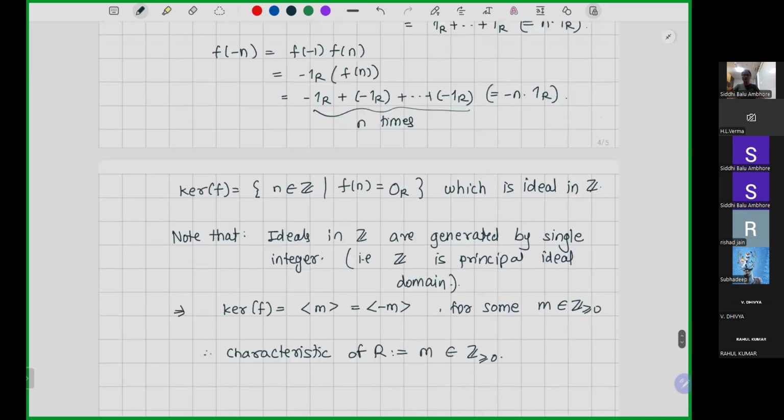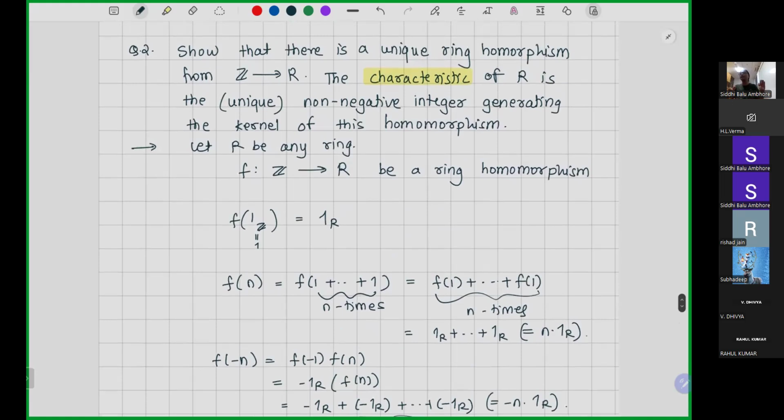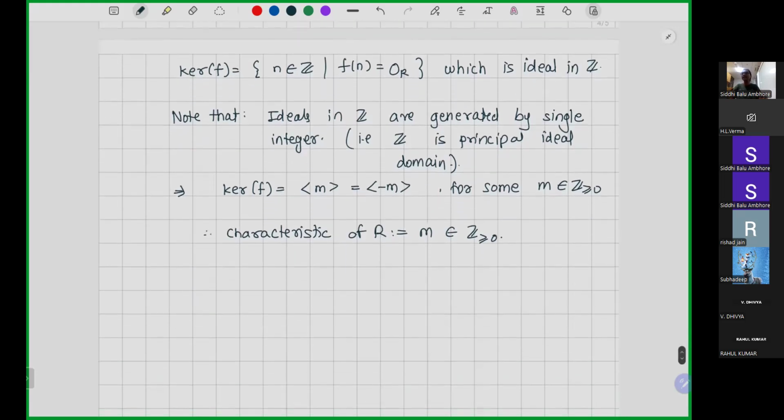This is the definition of characteristic, and also note that this map is unique the moment we have 1 goes to 1, and the additivity property of a ring homomorphism gives us the entire nature of map f. So this map is unique, and this characteristic is an integer which generates the kernel of f. And also note that this kernel f is 0 when the map is injective. So in case of injective maps, the characteristic becomes 0. Okay. Is this clear?